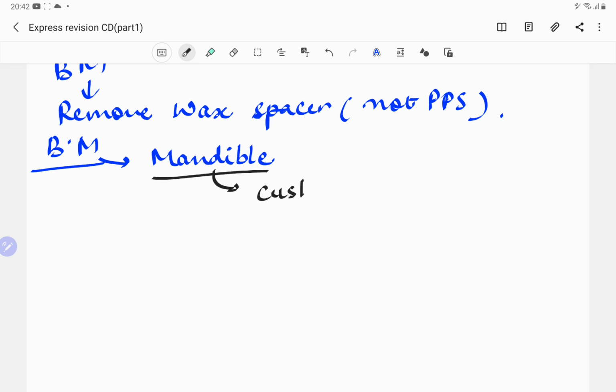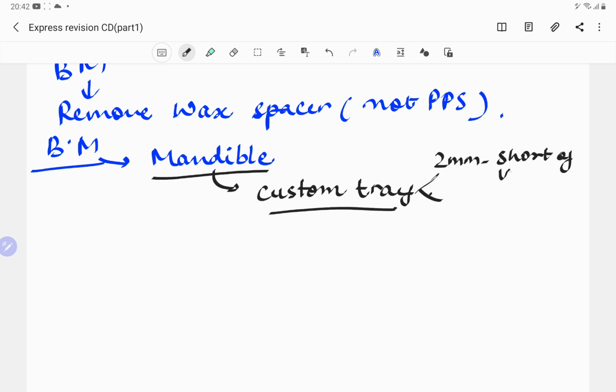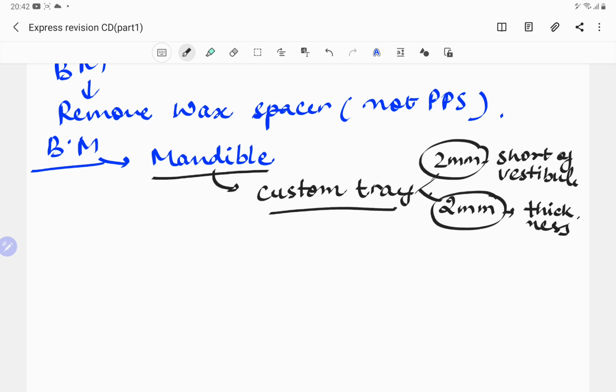For both the maxilla and the mandible, the custom tray is 2 millimeters short of the vestibule, and 2 millimeters is again the thickness of the custom tray. So both are going to be 2 millimeters.